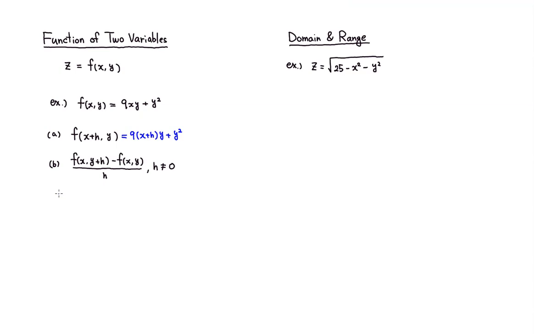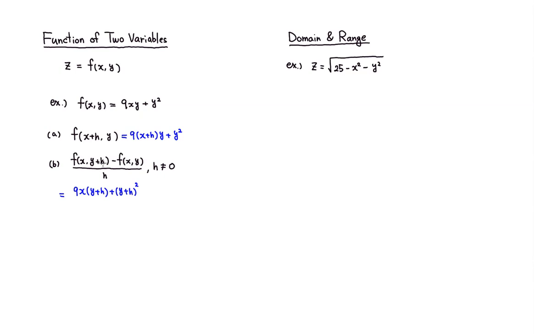Let's look at f of x comma y plus h. Every time we see y in the formula, we're going to put y plus h in it. So you have a 9, x is x, now I see y, so we put y plus h, plus y squared, so now we put y plus h squared instead.